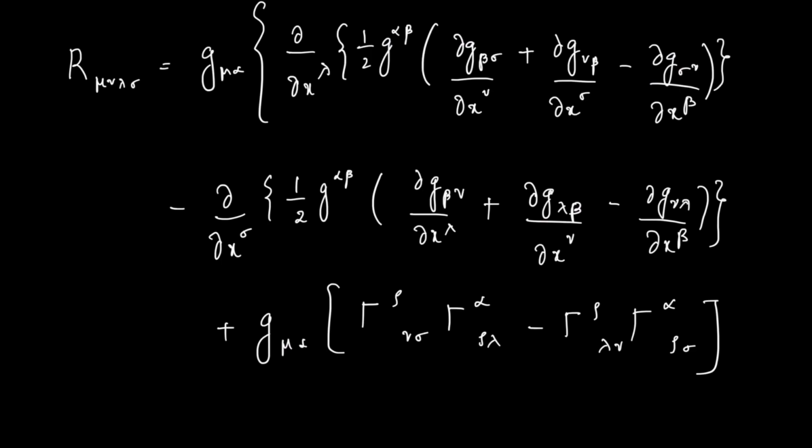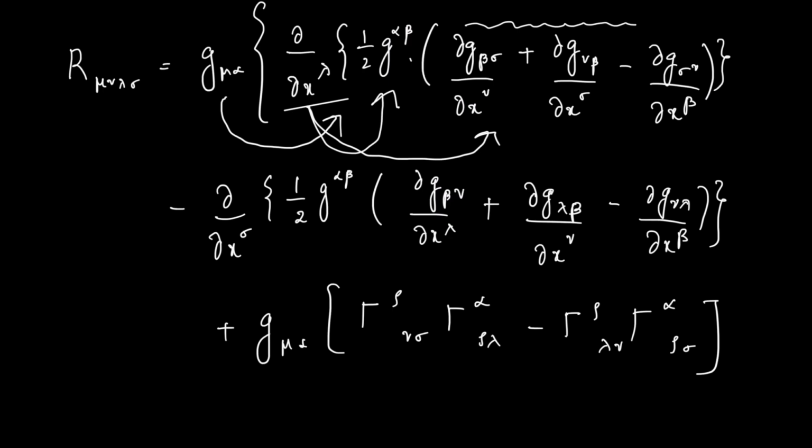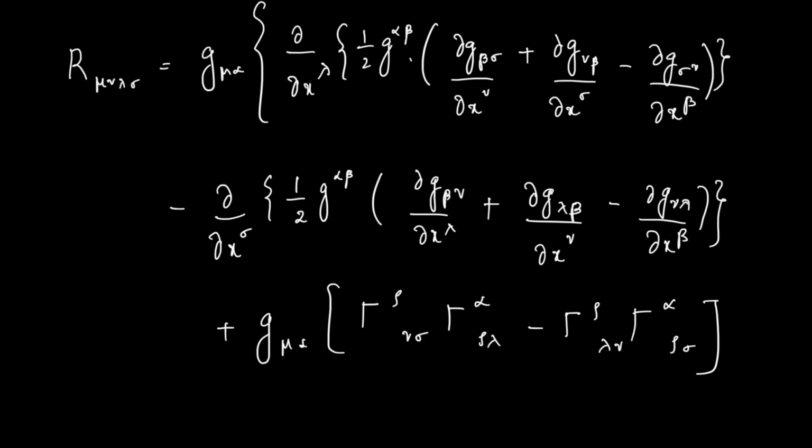Here I have to simplify. So you can see that g mu alpha I have to take inside this bracket. That is one step, and this partial derivative is applicable to both g alpha beta as well as the bracket. So I have to apply the partial derivative both to g alpha beta as well as the bracketed quantity. So you have to be very careful while opening the bracket and substituting.